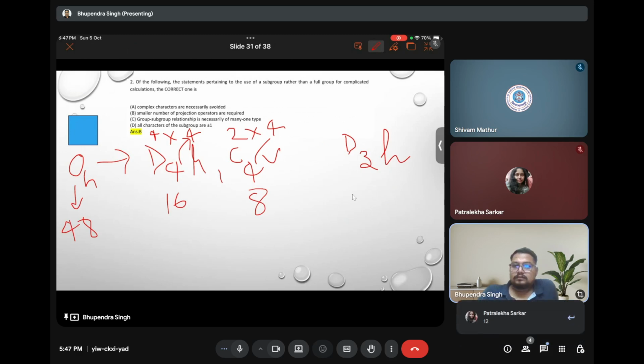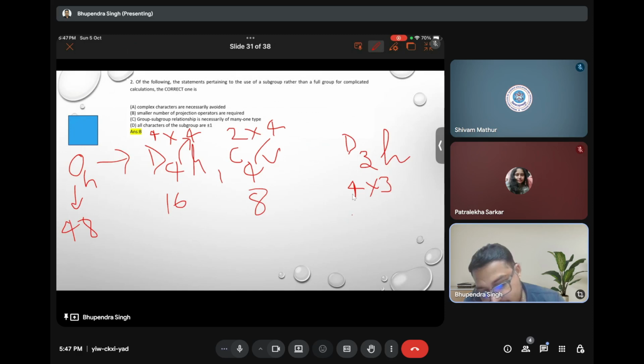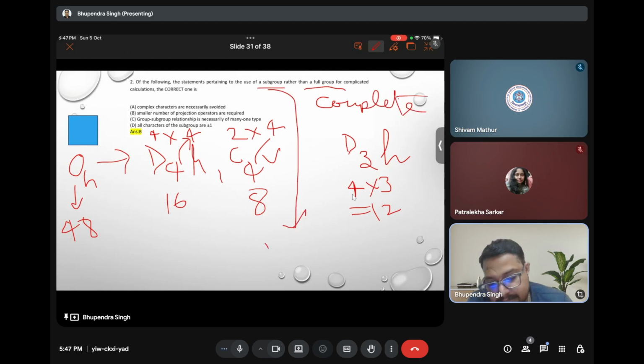It will be 4 into 3. So the full group is complete, and the subgroup is incomplete.